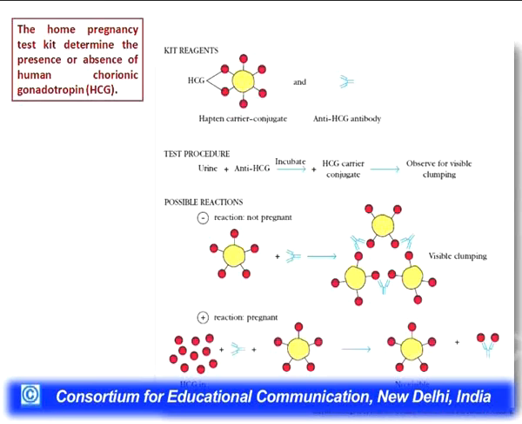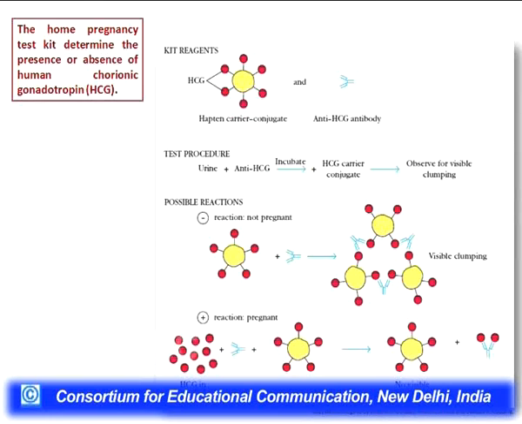While in the case of the positive reaction where the pregnancy has to be confirmed, the urine sample is loaded onto the kit, and as the urine sample of a pregnant woman contains HCG hormones, these HCG immediately go and bind to the antibodies present in the kit, the anti-HCG antibodies.